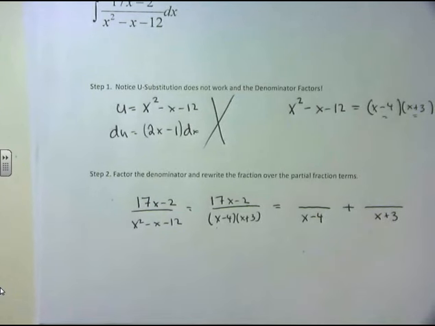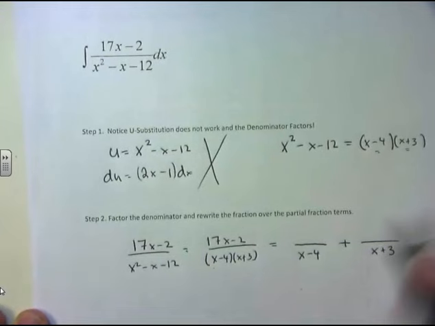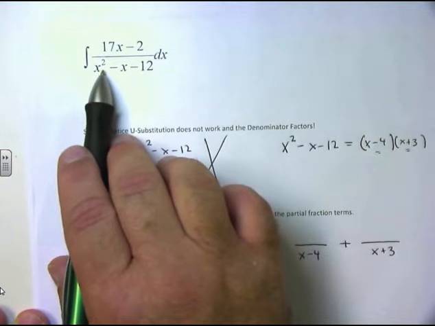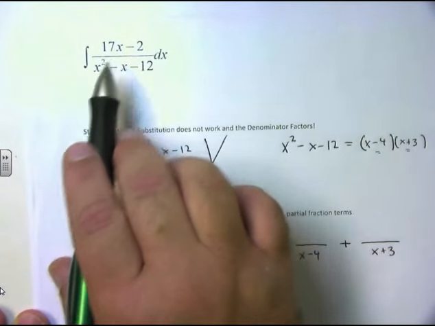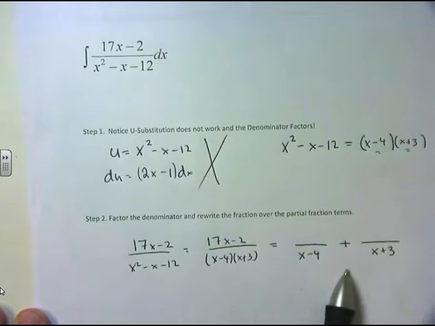Now, these are proper fractions. And what I mean by proper fraction is this. You will notice that the degree of the denominator, which is 2, is bigger than the degree of the numerator. The denominator should always be a bigger degree, and it had to factor. So when you're doing these partial fractions, you always have that idea that the numerator has to be a lesser degree than the denominator.